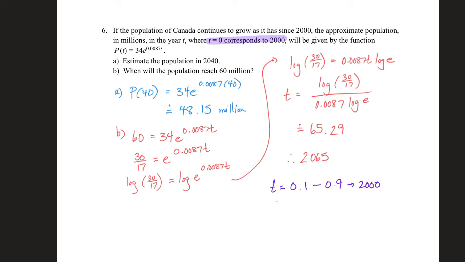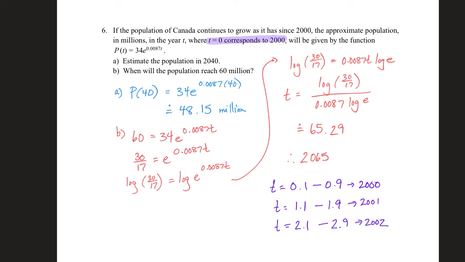If t then changed to 1.1, as soon as we cross 1, and anywhere up to 1.9, we're going to be in 2001. And then the same thing, as soon as we cross 2, we would now be in 2002.